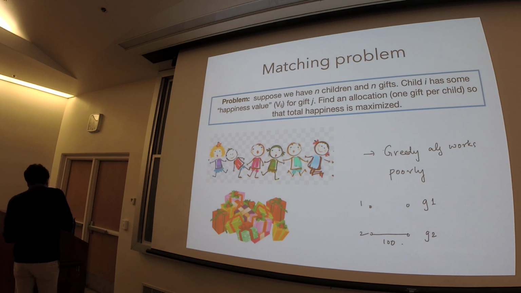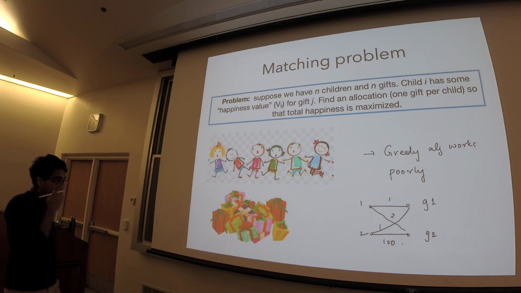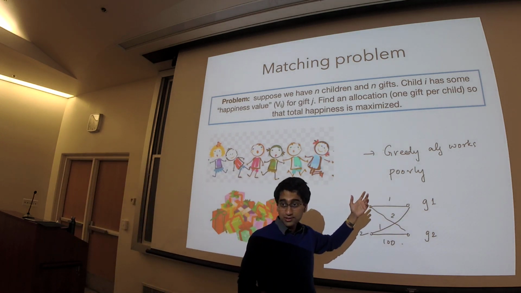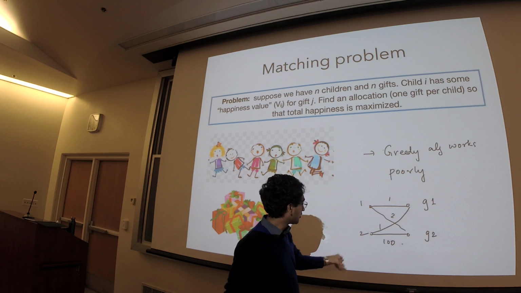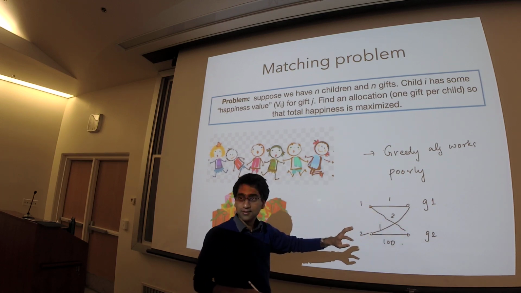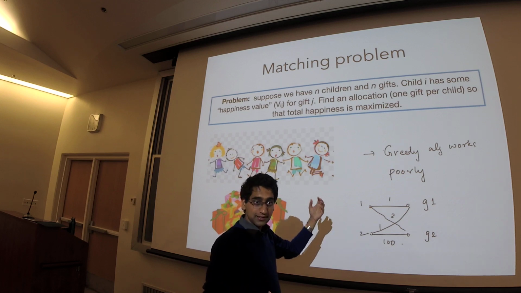We started out by assigning child 1 to their best gift. So in this simple example, we saw this natural greedy algorithm where you just go in the order of the children. For each child, assign the best unassigned gift so far. And this is a greedy algorithm.